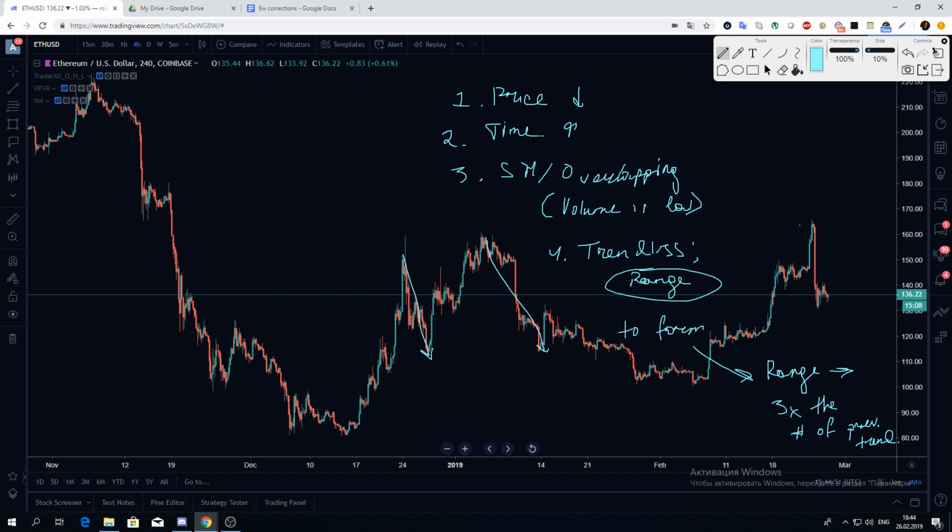So when you're dealing with a correction, you're looking at the structures in the same direction, not in terms of price similarity, but in terms of time similarity for a degree standpoint.